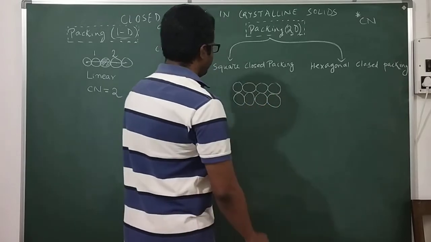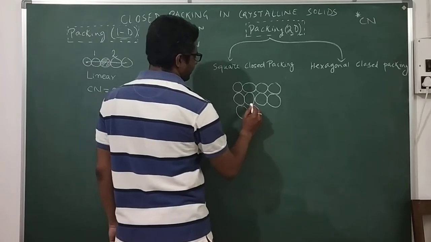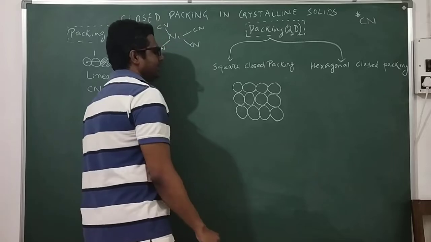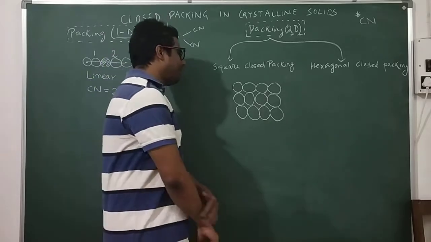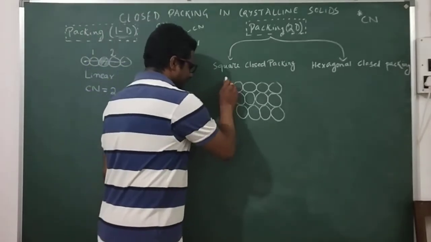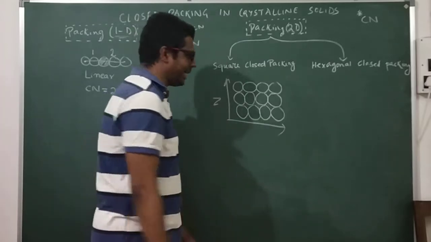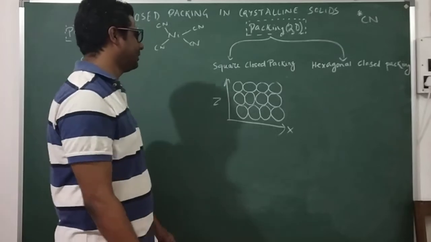I can take another one like this. So now if you see, this is square close packing. It has its dimension in z direction, it has its dimension in x direction. So that is why it is a packing in 2 dimensions.